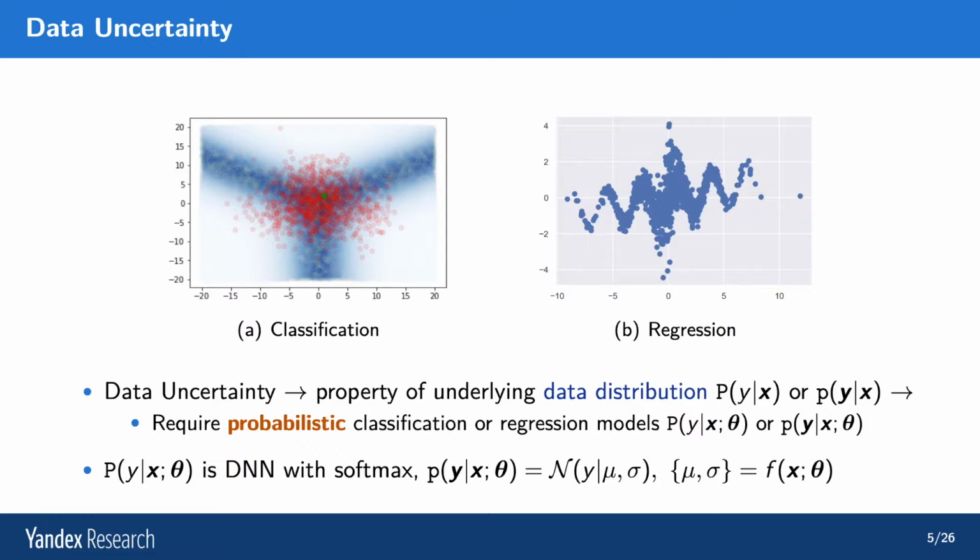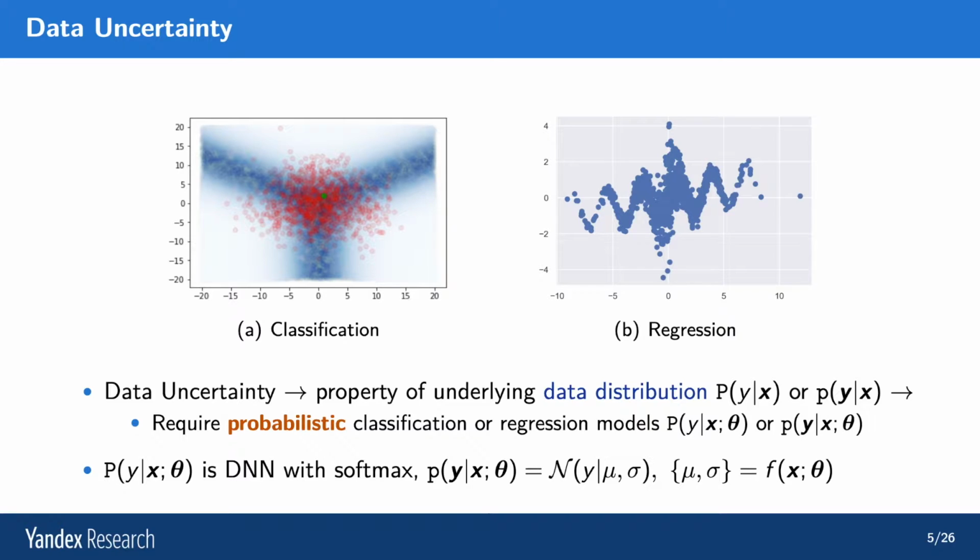As we talked about before, for classification, data uncertainty is because you have class overlap, and for regression it is when we have additive noise to our function. Now, data uncertainty is a property of the underlying data distribution, p(y|x) for classification, or p(y|x) for regression.